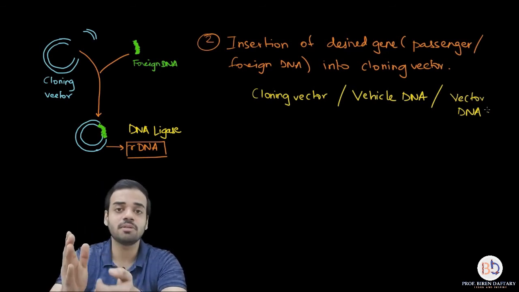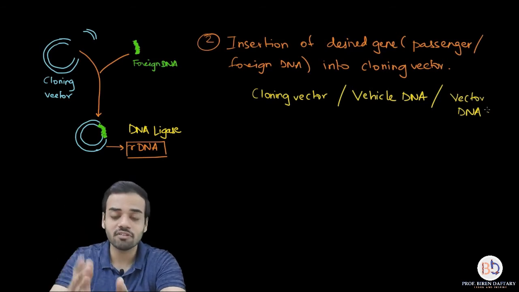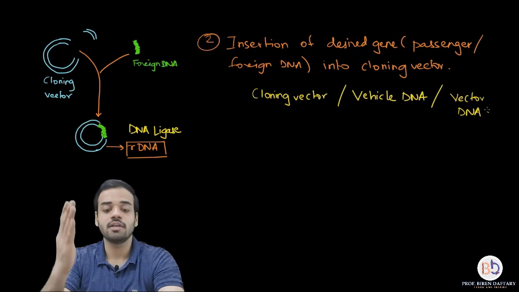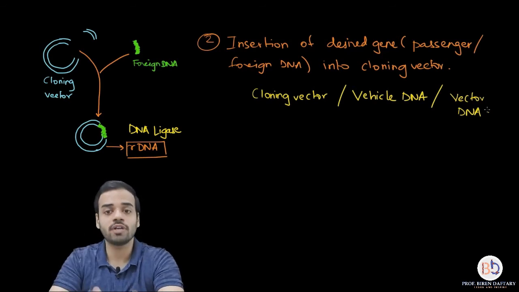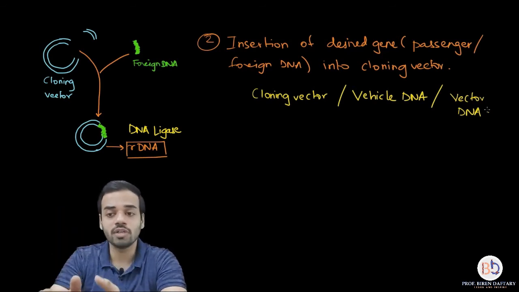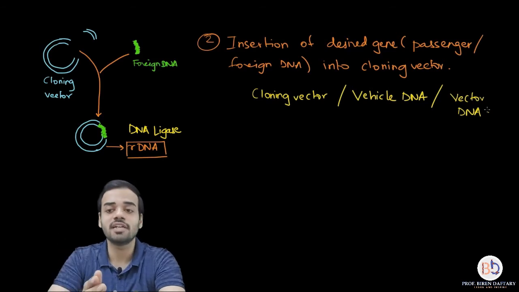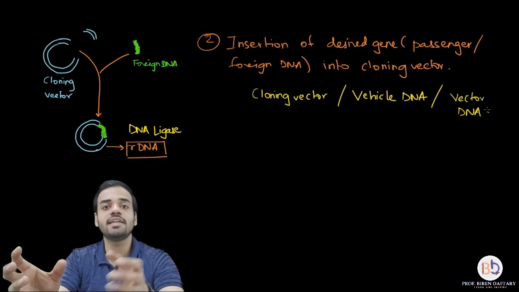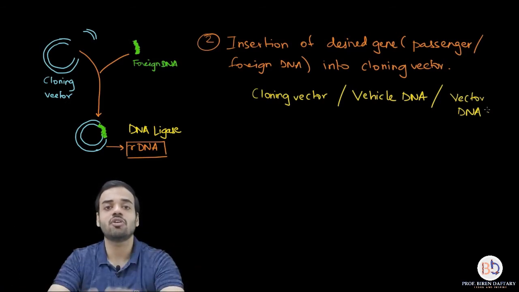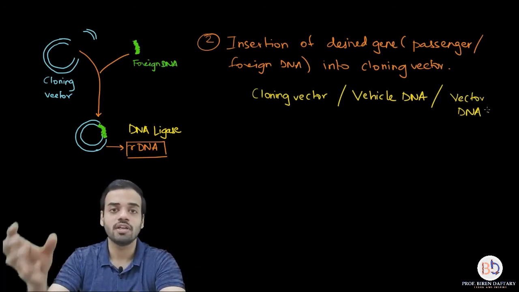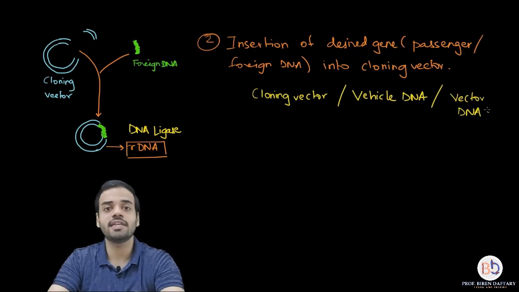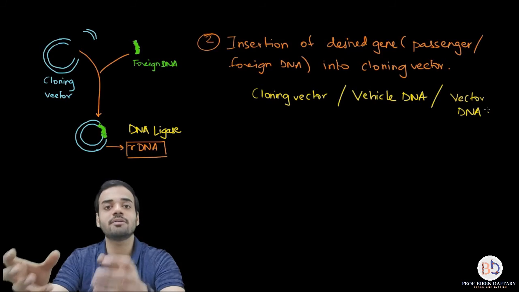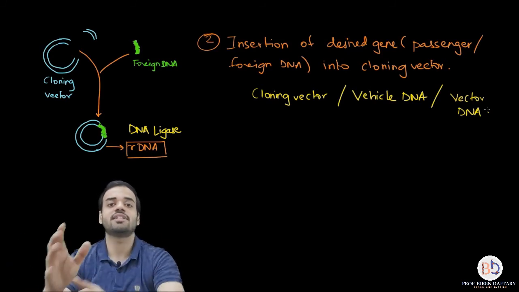So please remember these words, because any word can be used. For the required gene, you can use the word passenger DNA or foreign DNA. And for the cloning vector, you can use the word vehicle DNA or vector DNA. Is that clear? So vehicle DNA plus passenger DNA is called recombinant DNA, or vector DNA plus foreign DNA is called recombinant DNA, or cloning vector plus desired gene is called recombinant DNA.